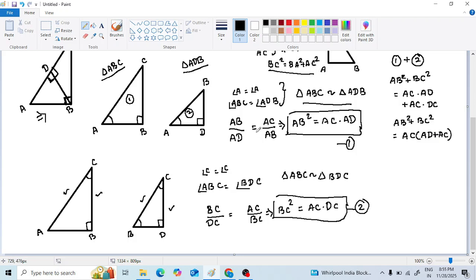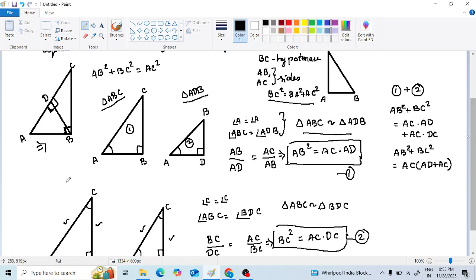Now from the primary triangle, you can see what is AD plus DC. Yes, it is AD plus DC. Therefore, I get AD plus DC, and from the primary triangle, AD plus DC is nothing but AC.